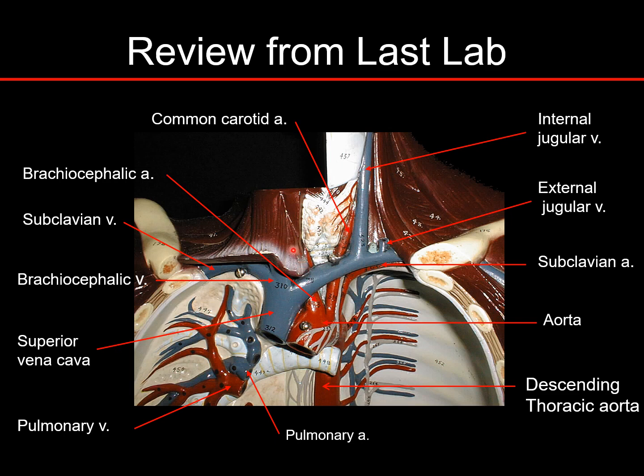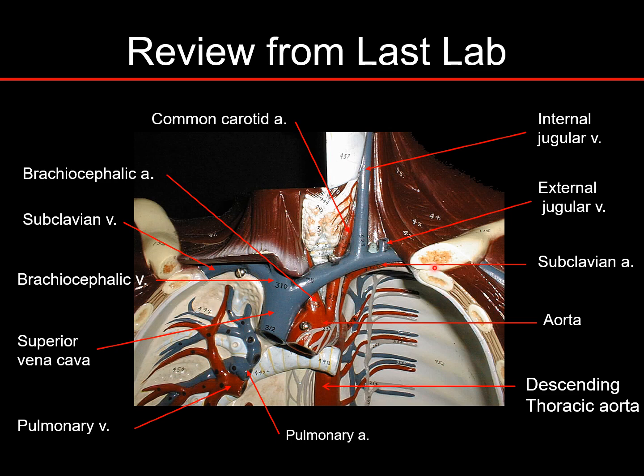That's going to give off the right common carotid and turn into the subclavian artery, going to the right arm. The second branch off the aorta is the left common carotid artery, going up the left side of the neck. And then we have the left subclavian artery going to the left arm.